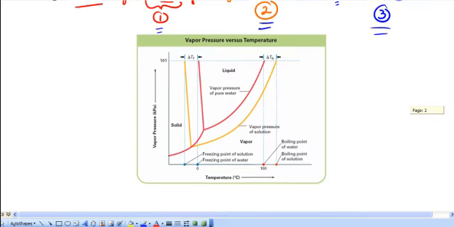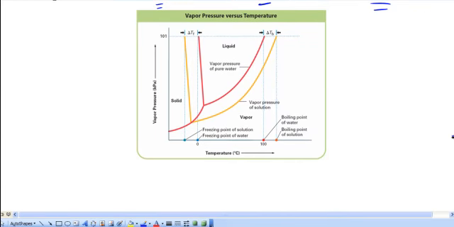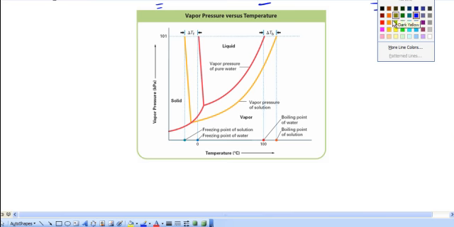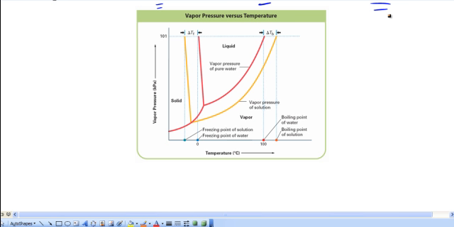Here's the overall effect. When you lower the vapor pressure, here's a vapor pressure diagram. This is something that you guys would have looked at in chapter 13, where you have your solid, liquid, and vapor phase, and you can see what state of matter a substance would be in at various temperatures and pressures. Notice what happens when the vapor pressure lowers. Now, effectively what's happening is that this thing is lowering.